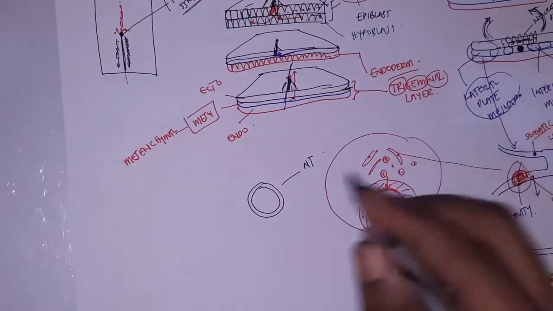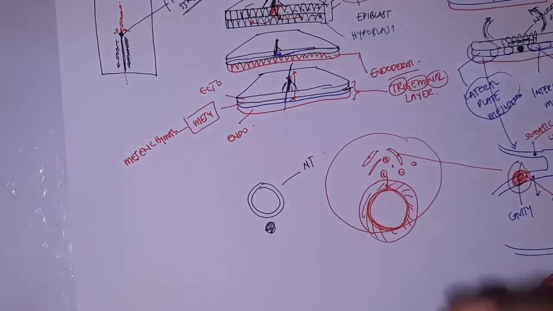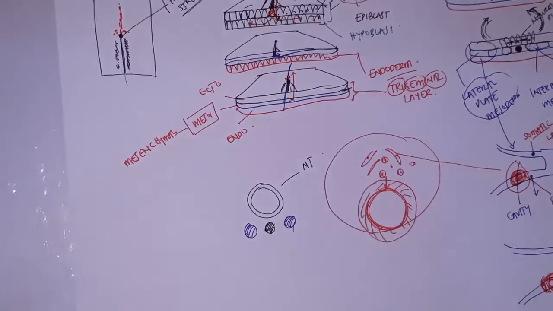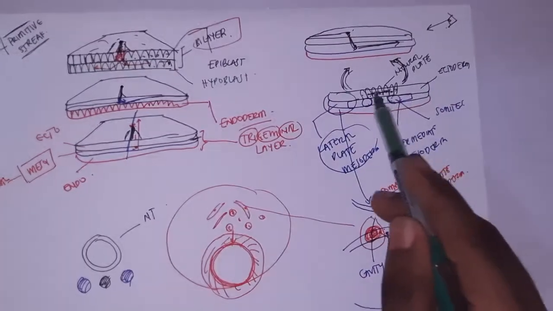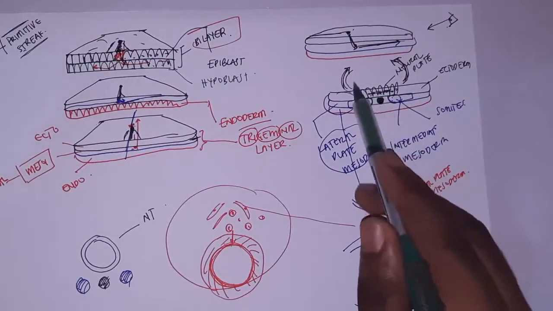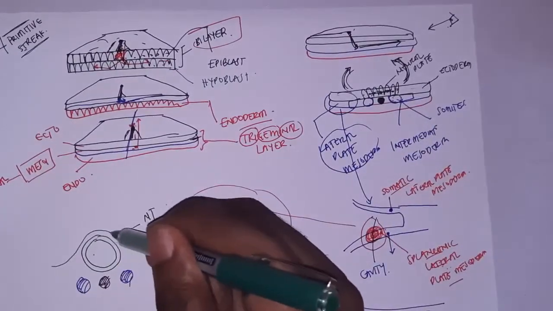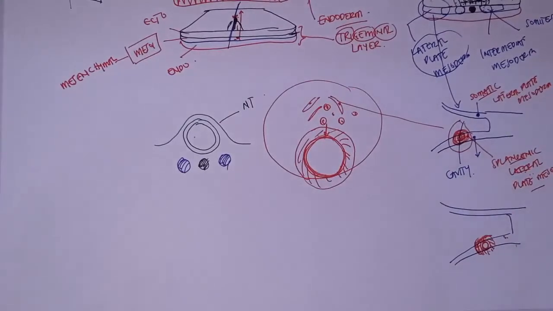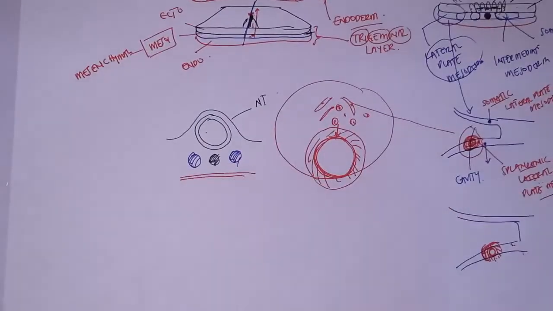Remember that the notochord is still going to be under, and you still have the somites by the side. Even although the neural plate is going to fold to form the neural tube, the ectoderm by the side is still going to overlay it this way. And you're still going to have the endoderm this way.